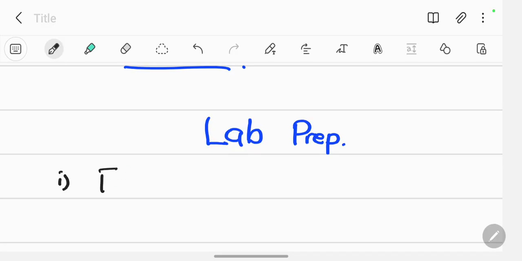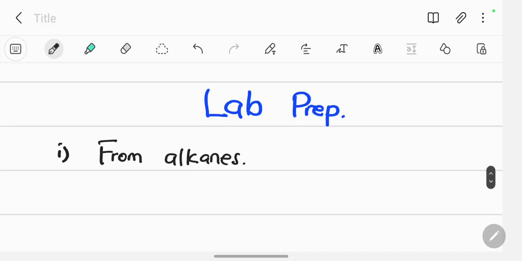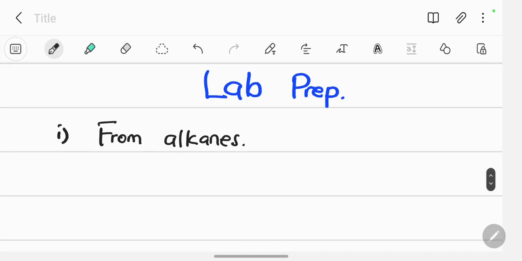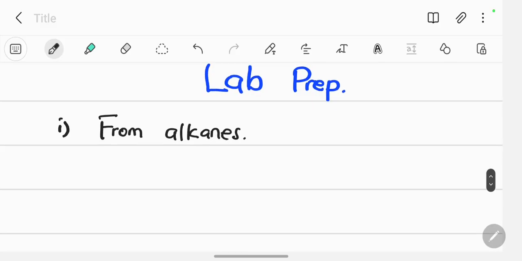So when we prepare them from alkanes, we have two alternatives, but one is recommended of the two.